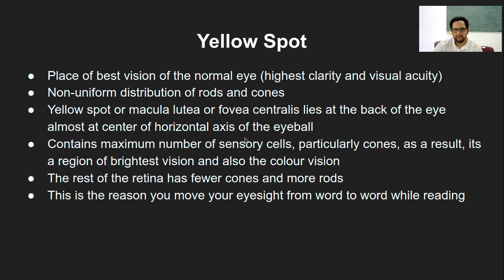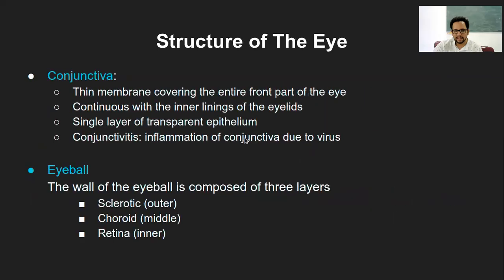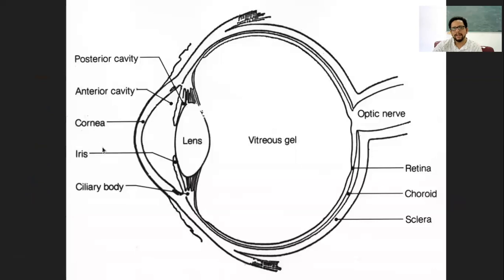So if I go back to this diagram, let's say there is this parallel or central axis of the eyeball structure, and when the light is entering through the center of that axis, it will end up somewhere here, straight at the point at the back side of the retina, that will be called the yellow spot.